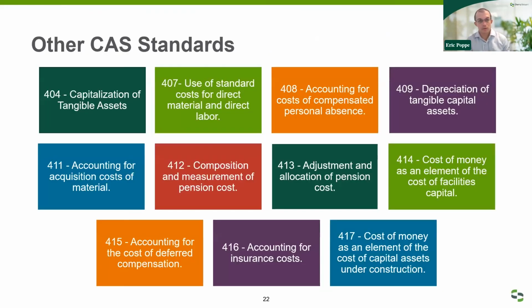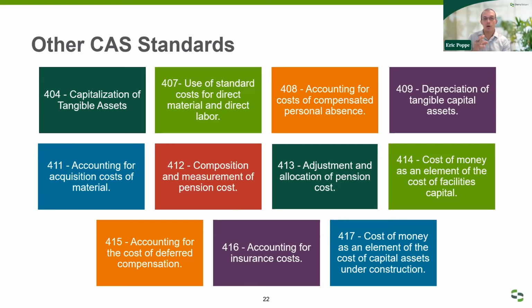So I know we just went through a handful of the CAS standards that typically have issues or that we see a lot or are just very common. There are also a bunch of other standards as well. CAS 404 talks about capitalization of tangible assets. There are standards that talk about how to use standard costing for direct material or direct labor, compensation for personal absence, how to handle pension costs, acquisition of materials, deferred comp, insurance, and how to handle cost of money.